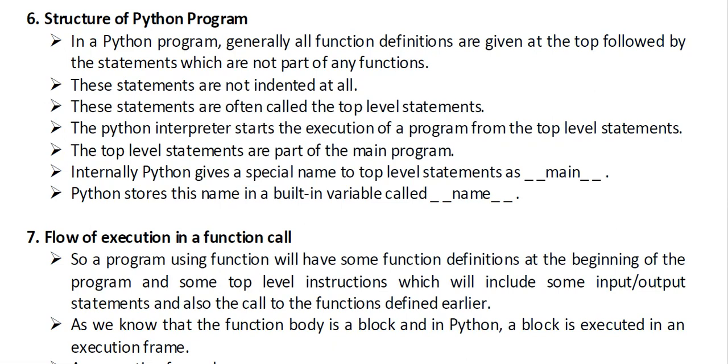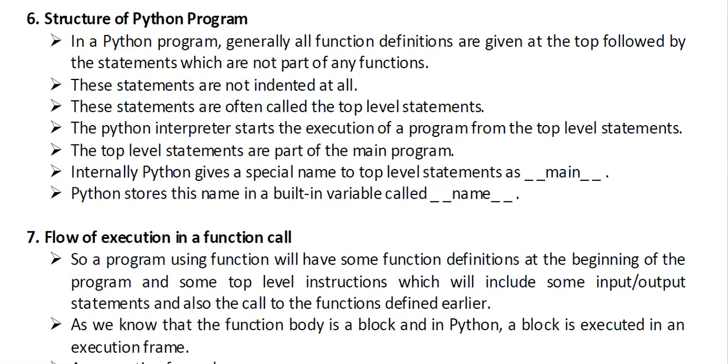Please keep it in mind and remember, the execution of the program starts from the top level statements, not from the function definition. Okay, so the execution starts from the top level statements, the statements that do not belong to any of the functions.